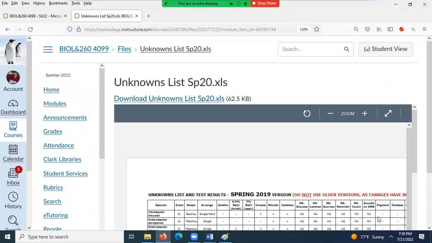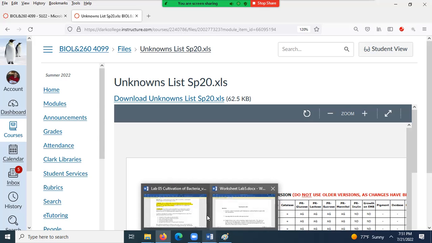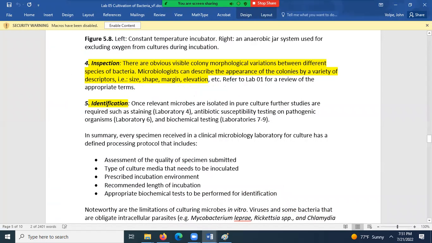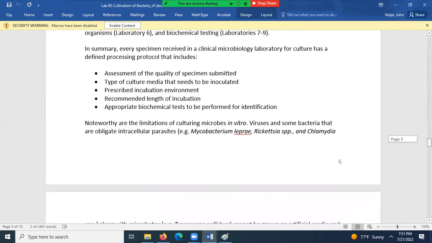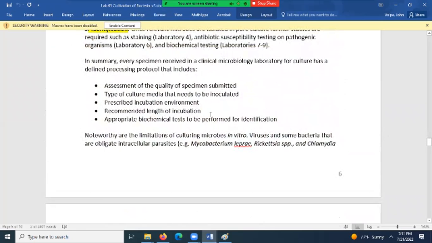It's more than 10, about 20 different tests. There are more tests you can do, but we're not going to do them in our microbiology class. And then you look at a table to determine what your species is, depending on the table results.